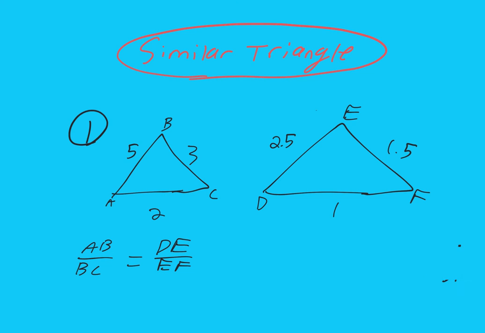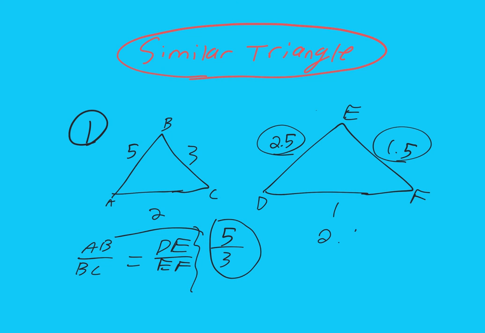Right, so what is AB over BC? That's going to be 5 over 3. Okay, so AB over BC is 5 over 3. DE over EF is going to be 2.5 over 1.5. Now, two options here.